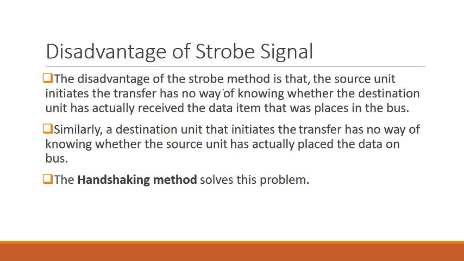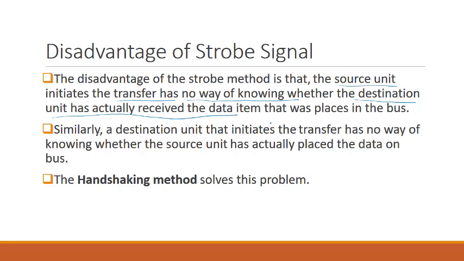The disadvantage of the strobe method is that the source unit that initiates the data transfer has no way of knowing whether the destination unit has actually received the data or not. The sender just sends the data through the data bus.